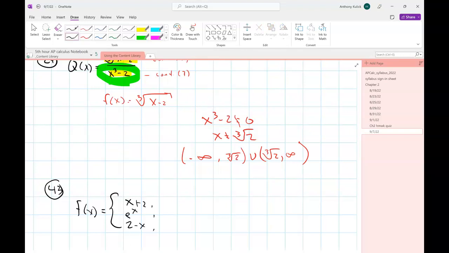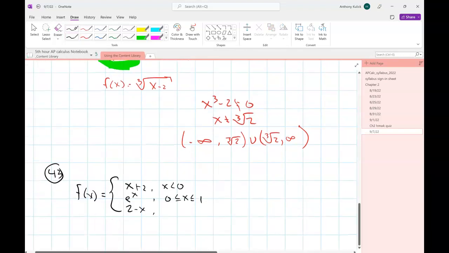First thing I'm going to notice right away is that x plus 2, e to the x, and 2 minus x are continuous over their entire domains. Since they're linear, exponential, and linear functions, their domain is all real numbers. So the only places that this function could be discontinuous is 0 and 1, which are the boundaries between the functions.